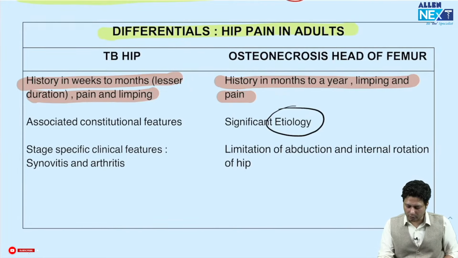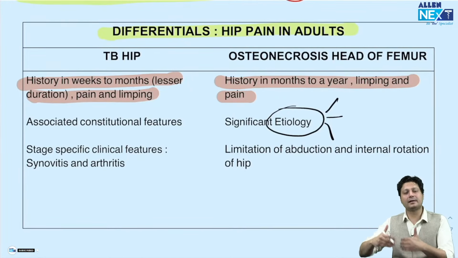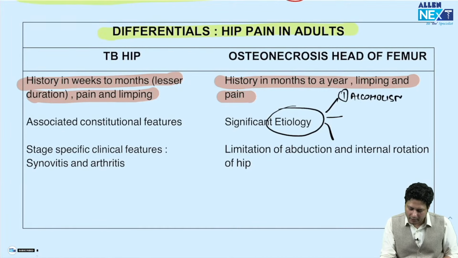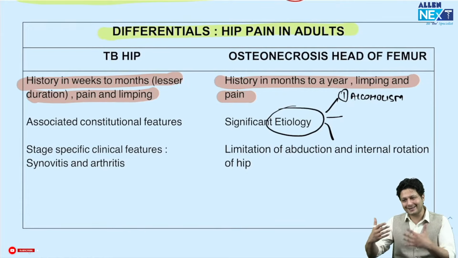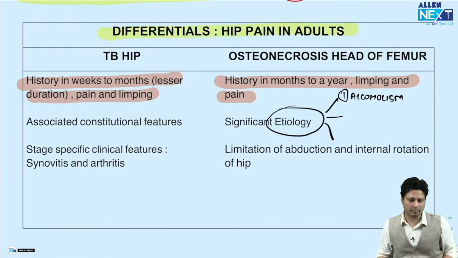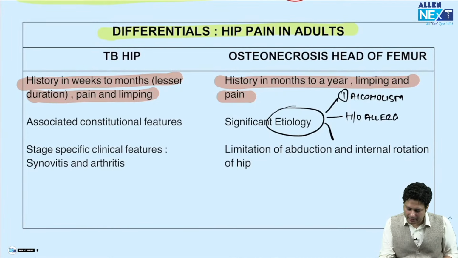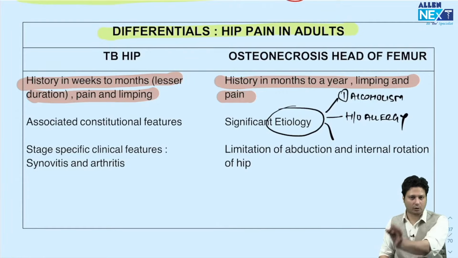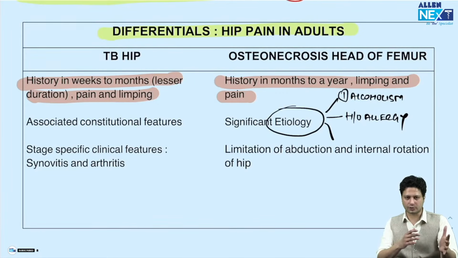The common etiologies which the examiner can give you are, first and most important, alcoholism. It is very commonly observed that alcoholic patients are gaining more and more of this abnormality. Point number two is a history of allergy, any skin allergy for which the patient took a long-standing treatment with steroids. So steroid use, in any form, might result in osteonecrosis.